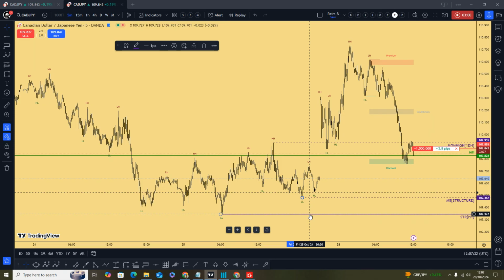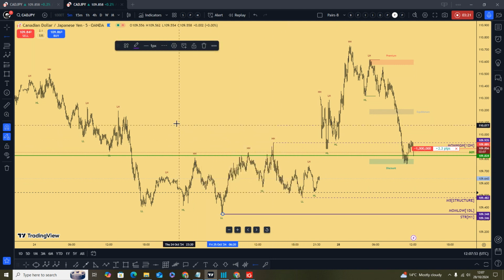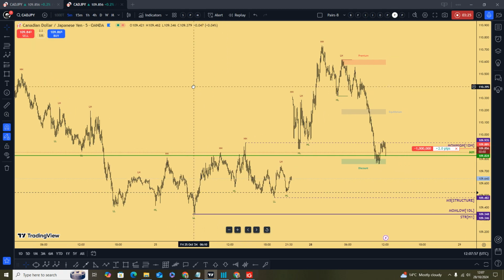So I don't want to overload this line, but I have to label it as well. So I'll put this label at the top. So that's momentum low, 1 daily low. These are key turning points, and they're going to help us with our decision making when we're trading.